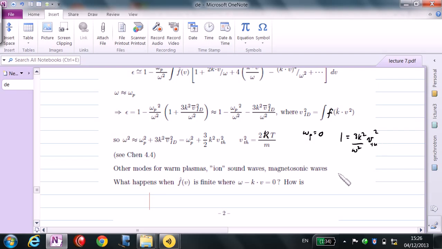And what is omega over k? Omega over k is the sound velocity.